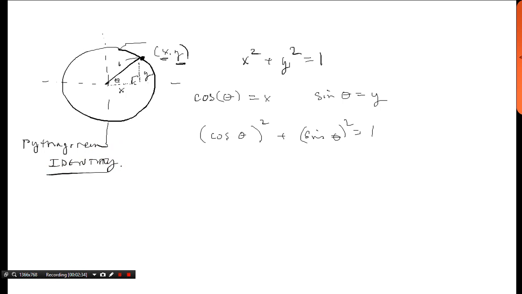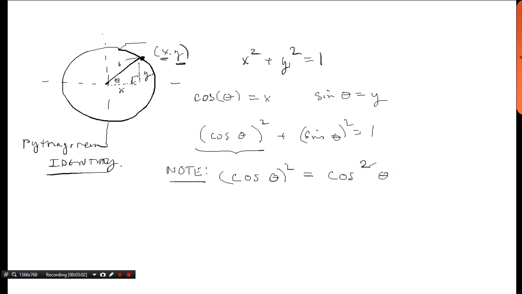I want to talk about the way I'm writing this. You will never see it written like this. Note, and this is a big piece of notation that everyone needs to keep in mind, otherwise the rest of the book is going to be terrible. No one ever writes it like this. If they want to write cosine of theta squared, this is how they write it: cosine, and the square is written as an exponent next to the cosine, and then the theta is written down.